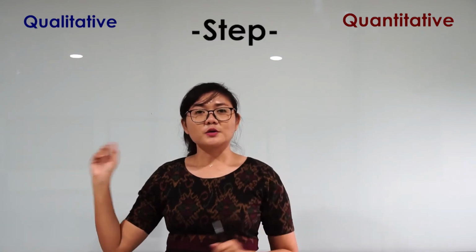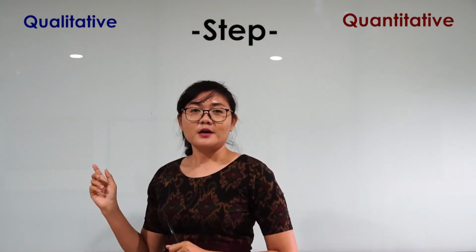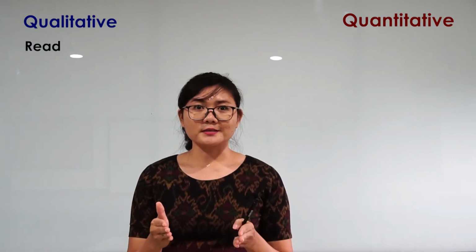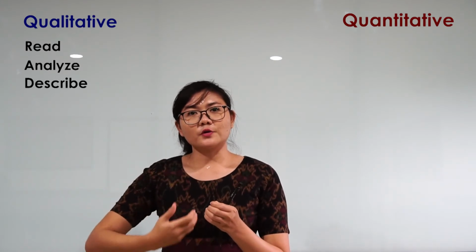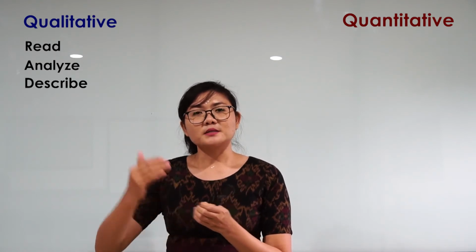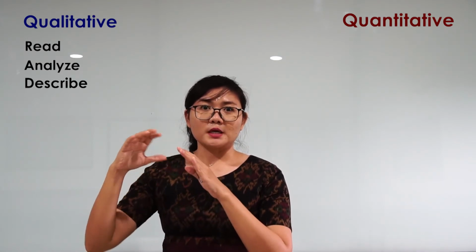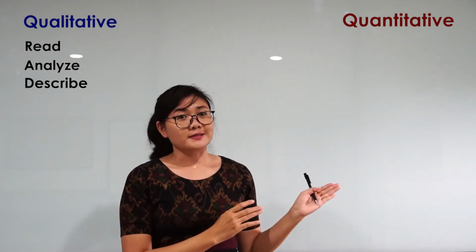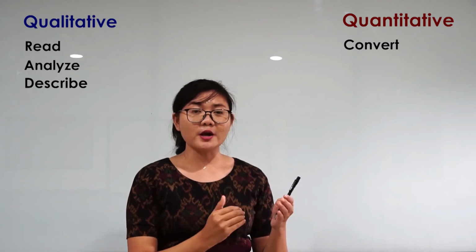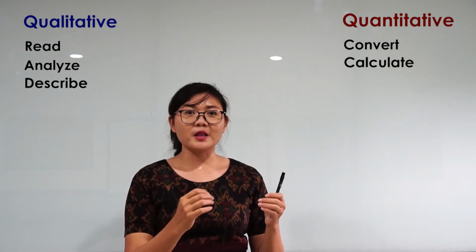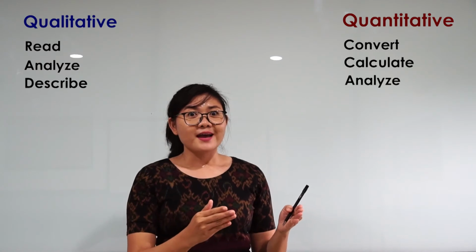The way you analyze the data, because you have two kinds of methods, will be different. In the qualitative method, you read your data first, then you analyze, you describe, and then you convey all of your thoughts and arguments based on the data in a narrative way. But in quantitative, of course, it is based on the survey questionnaire, and then you find out the percentage, for example, and the number of your data, and then you analyze it.